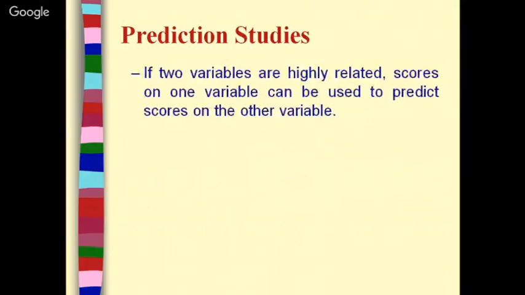Under correlation, the other set of studies are the prediction studies. Prediction, as the name says, we conduct these studies whenever we want to predict something. It may be weather, it may be agricultural product yield, how much yield will be there. It may be whether your student will be successful in the engineering college, or whether the student will be successful in the industry once he is recruited.